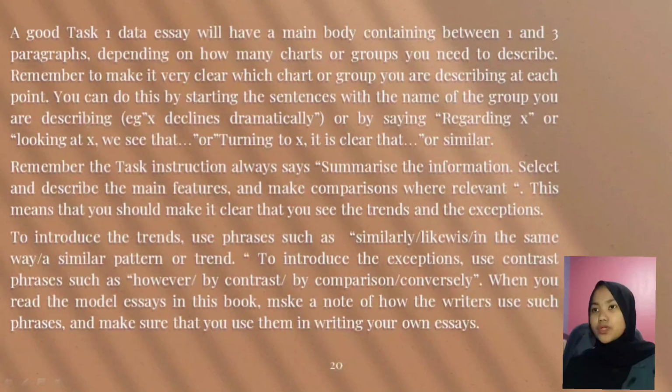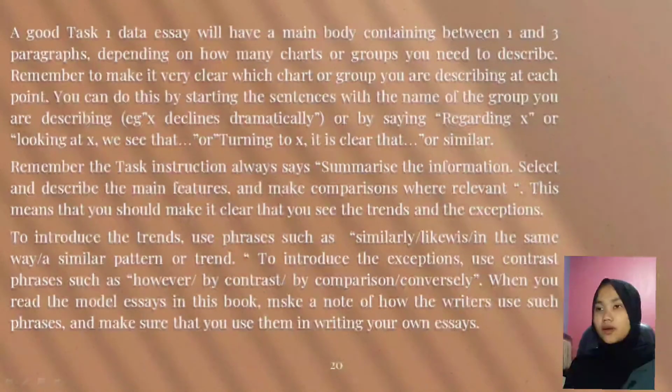You can do this by starting the sentence with the name of the group you are describing. For example, X declines dramatically, or by saying regarding X, or looking at X we see that, or turning to X it is clear that, or similar.